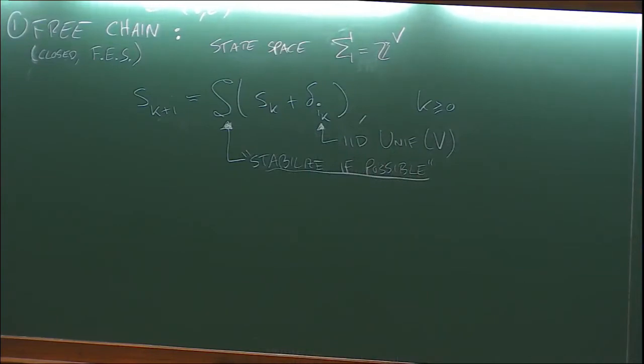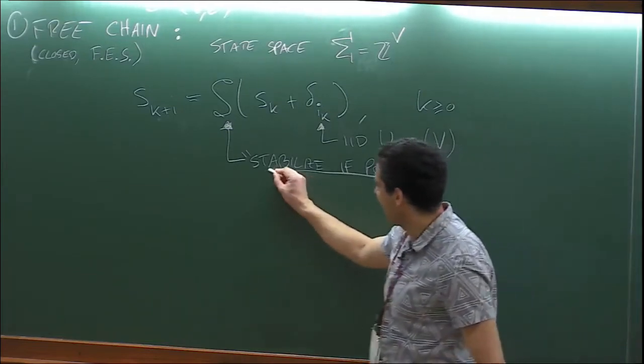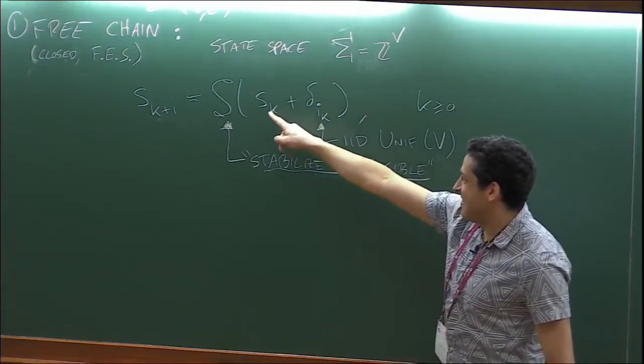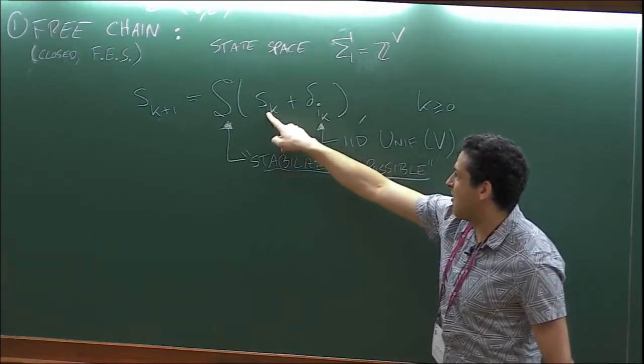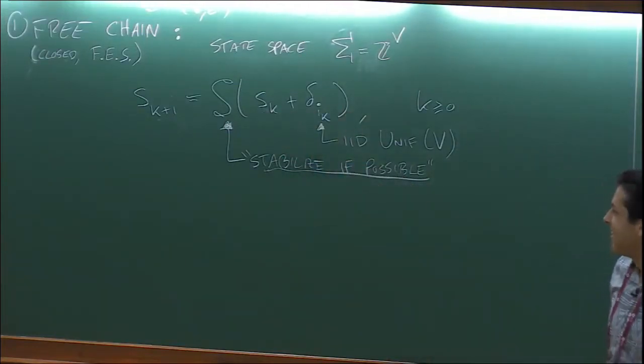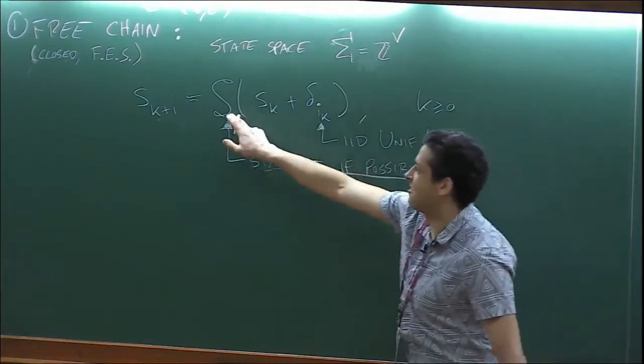So we saw yesterday that some sandpiles stabilize, and other ones don't, because they need infinitely many topplings. So if your S_k plus delta at I_k happens to be a sandpile that doesn't stabilize, then this S is just do nothing.